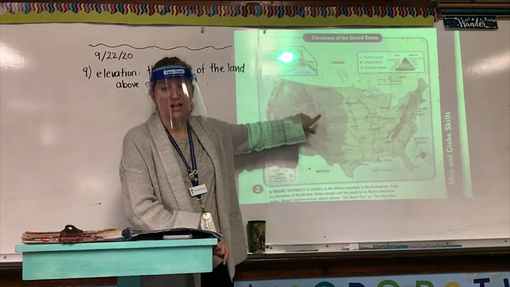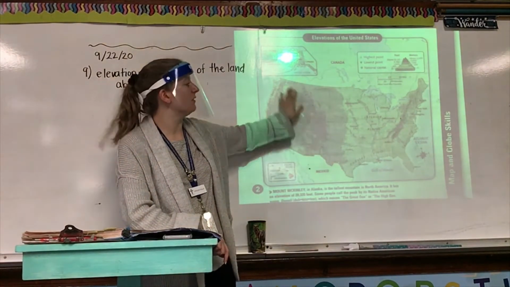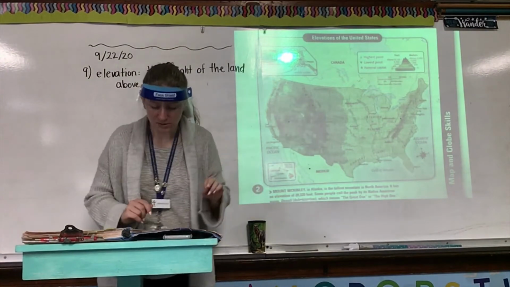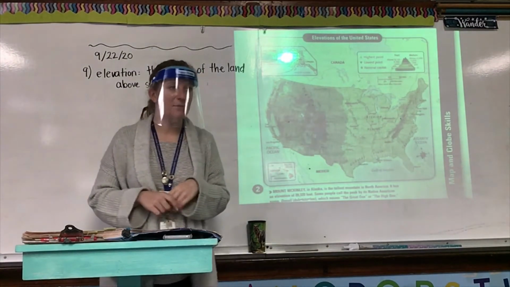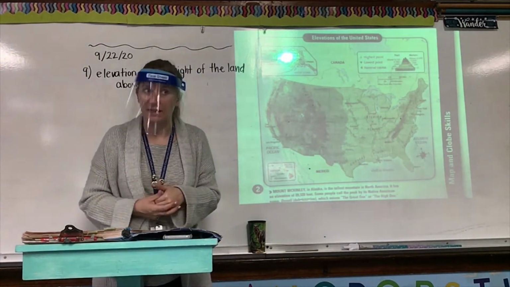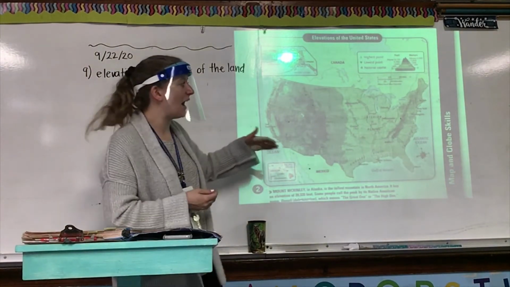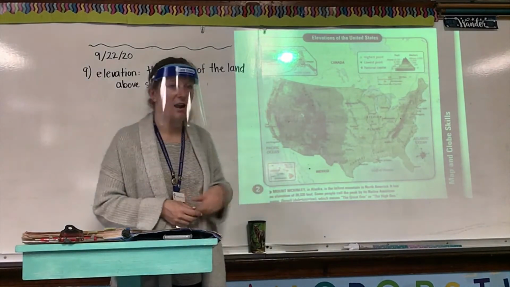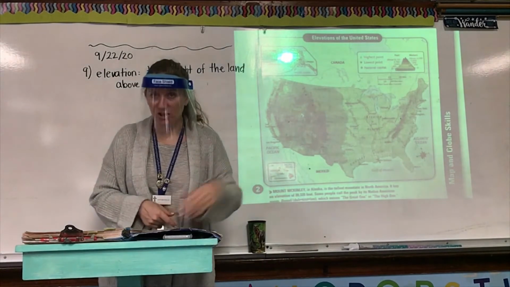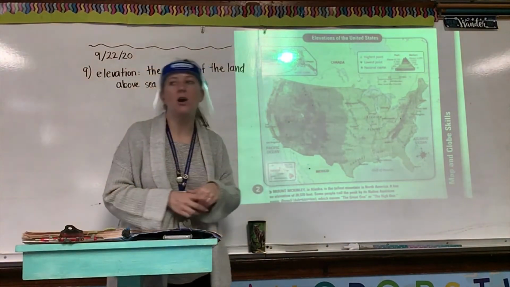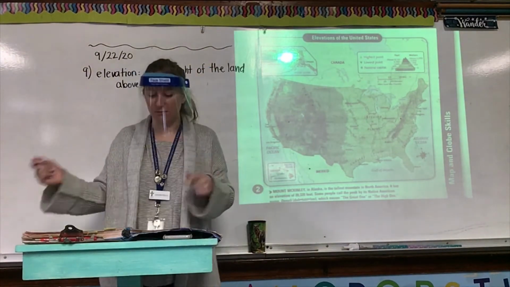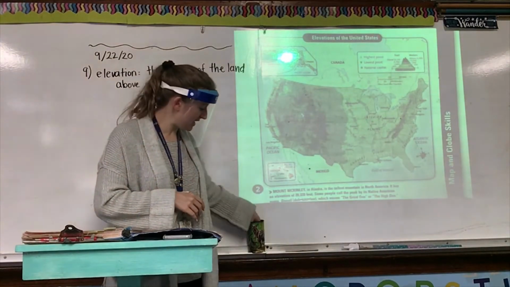This is just so that if you're not sure where I'm talking about, you can see where I'm pointing out. But we're going to use this map that's in your book, and then one you're going to get later, to figure out how high or low places are. How far above sea level is this mountain? How far below sea level is this basin? Whatever. Okay, thank you, Zari.